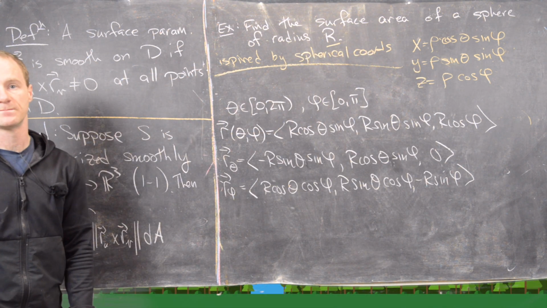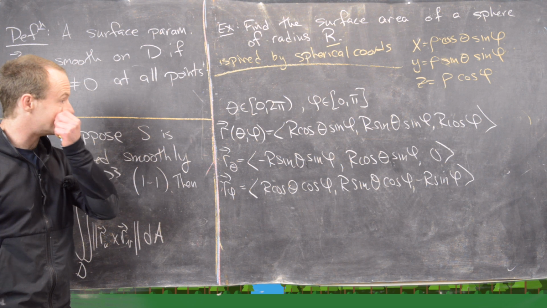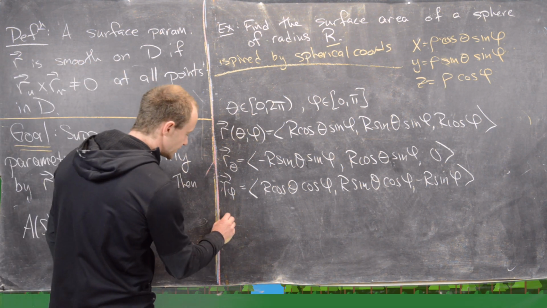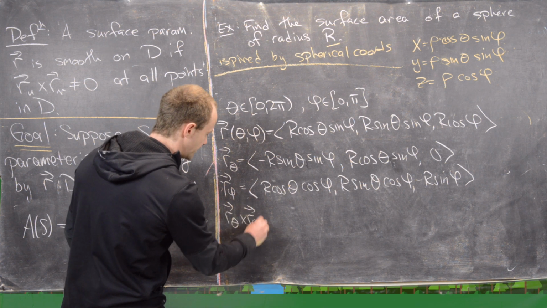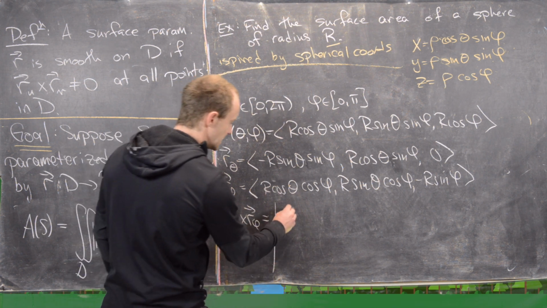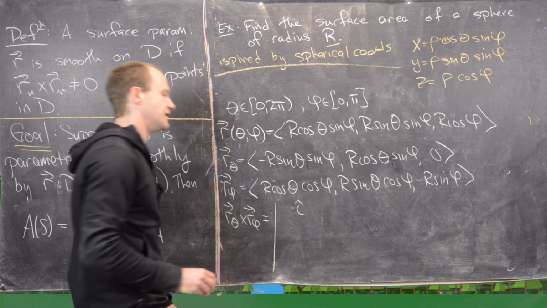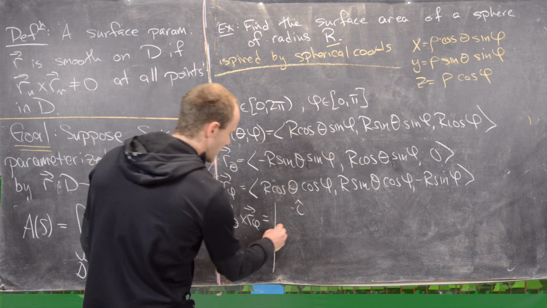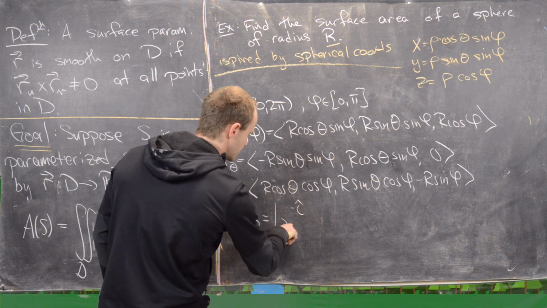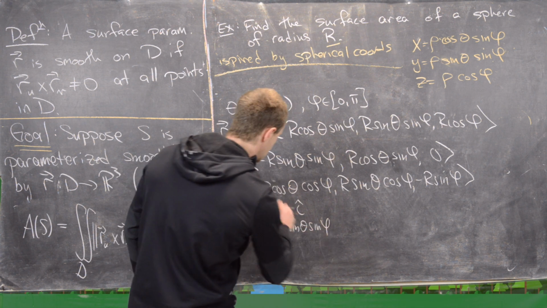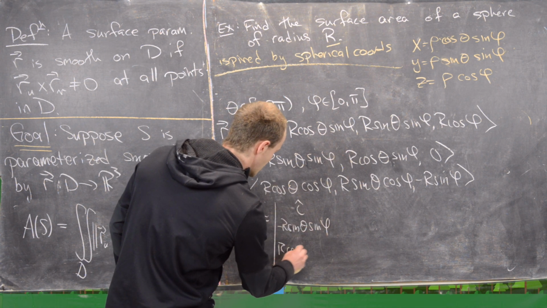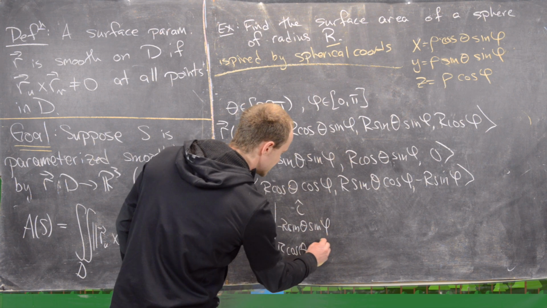Okay, great. But now what we need to do is take the cross product of these things, so we need to take r_theta cross r_phi. Let's see, in the i component of each one, we're going to have minus r sine theta sine phi, then r cosine theta cosine phi.